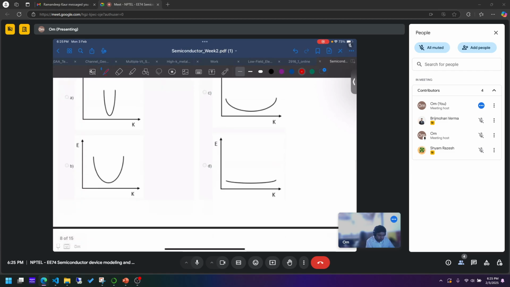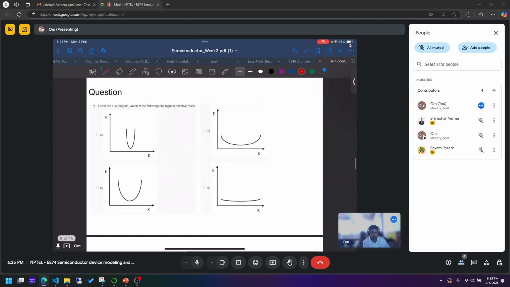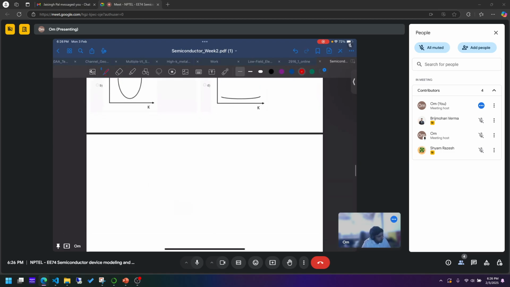So I don't know if you know how to solve the Schrodinger equation, so let me show you some basics. The Schrodinger equation is del 2 psi by del x square plus 2m by h cross square (E minus V) psi equals 0.